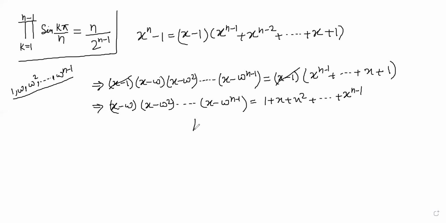And now I am going to put x equals 1 on both sides. Okay, am I allowed to do it? Of course, we can do it. So this thing is going to be 1 minus omega into 1 minus omega square, dot, into 1 minus omega to the power n minus 1.